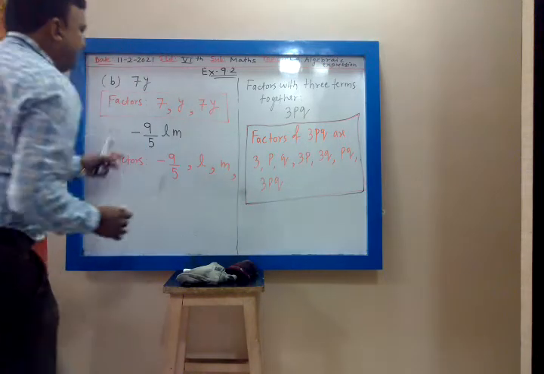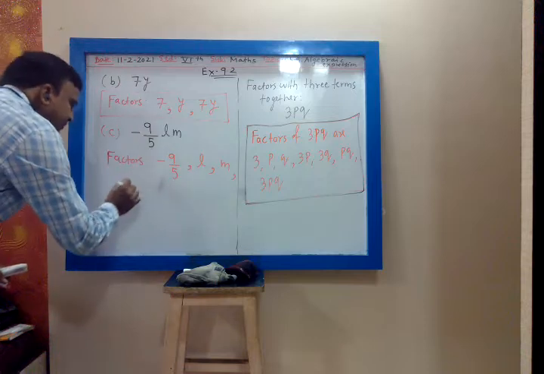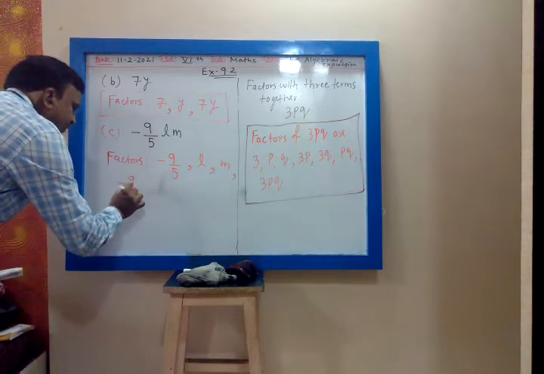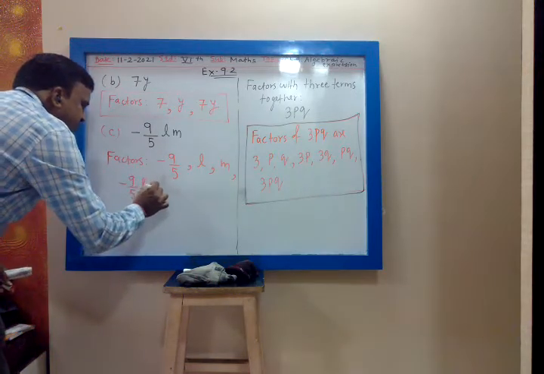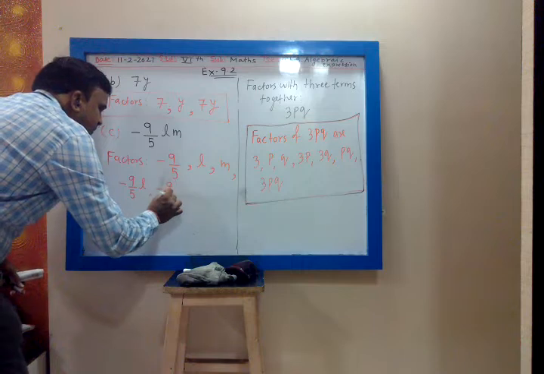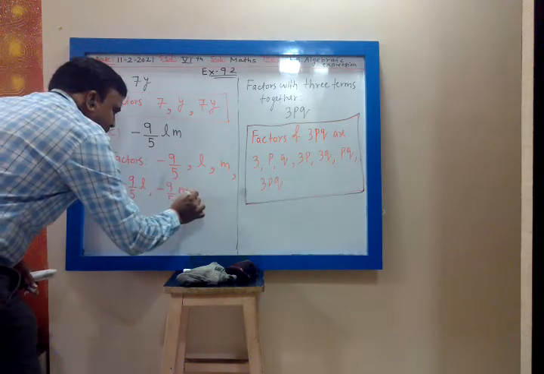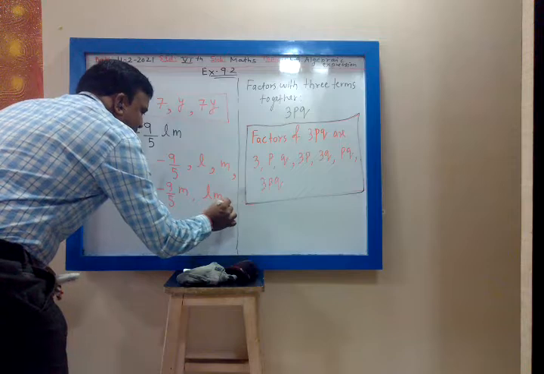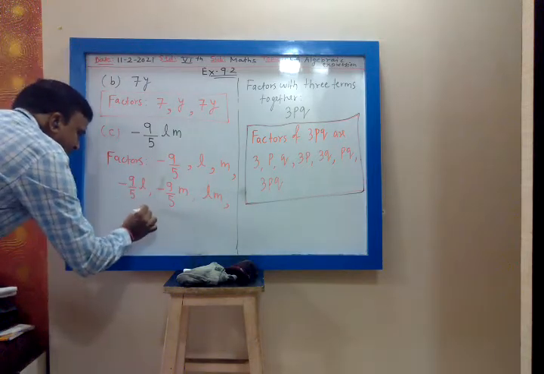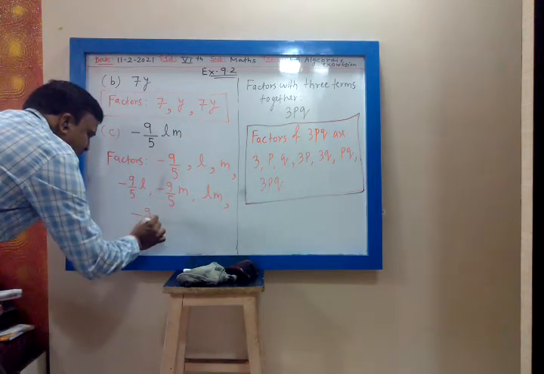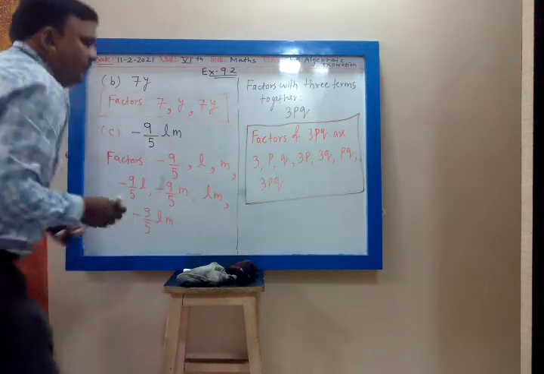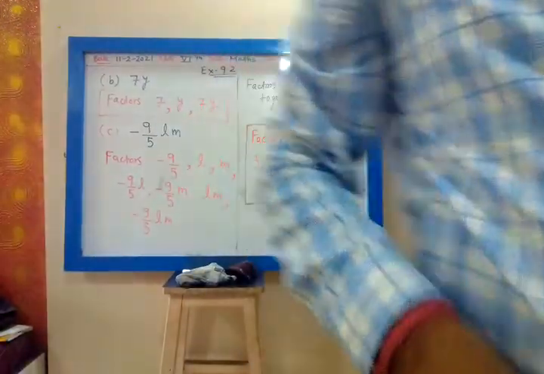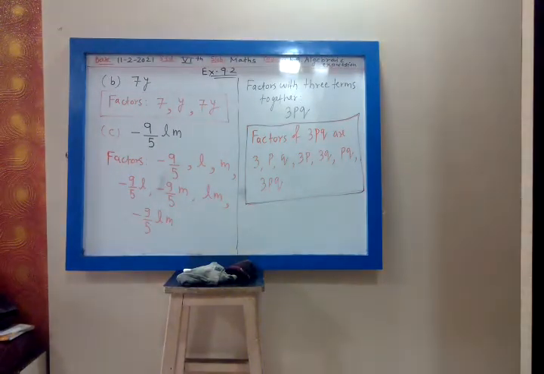Then you take factor with two terms: minus 9 upon 5 L will be one, minus 9 upon 5 M. Then LM will be one factor. Then finally minus 9 upon 5 LM. This is the last factor.